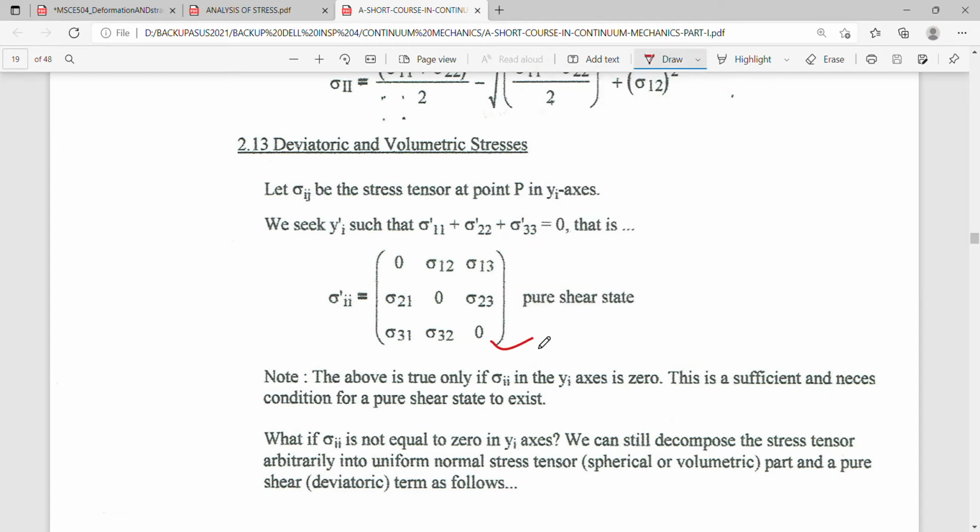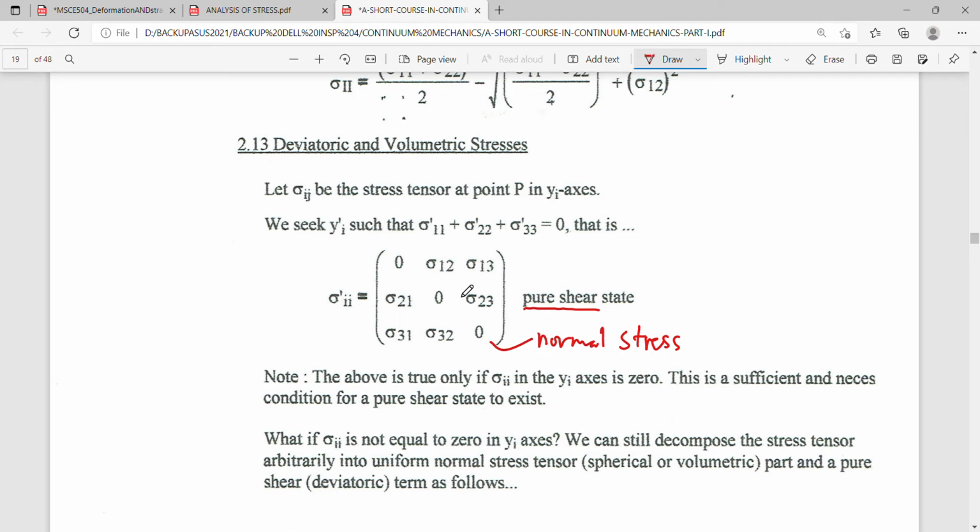So these are the normal stresses. And when the normal stresses are zero, it simply means that you are in a pure shear state condition. So this is in contrast with the pure normal stress condition wherein your shear stresses are zero.